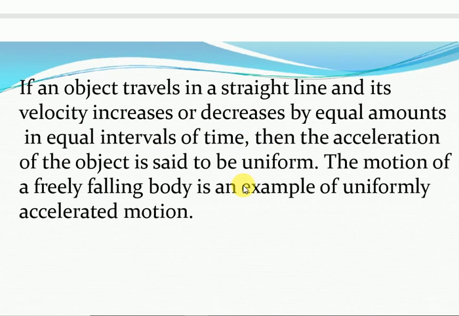Here we are talking about acceleration. So acceleration is equal to change in velocity divided by change in time. So here we will consider change in velocity by change in time.